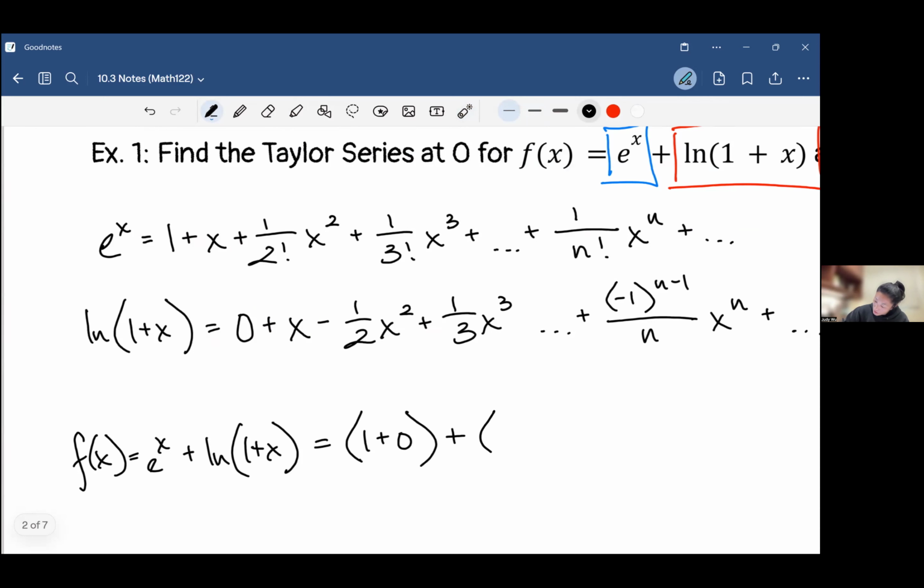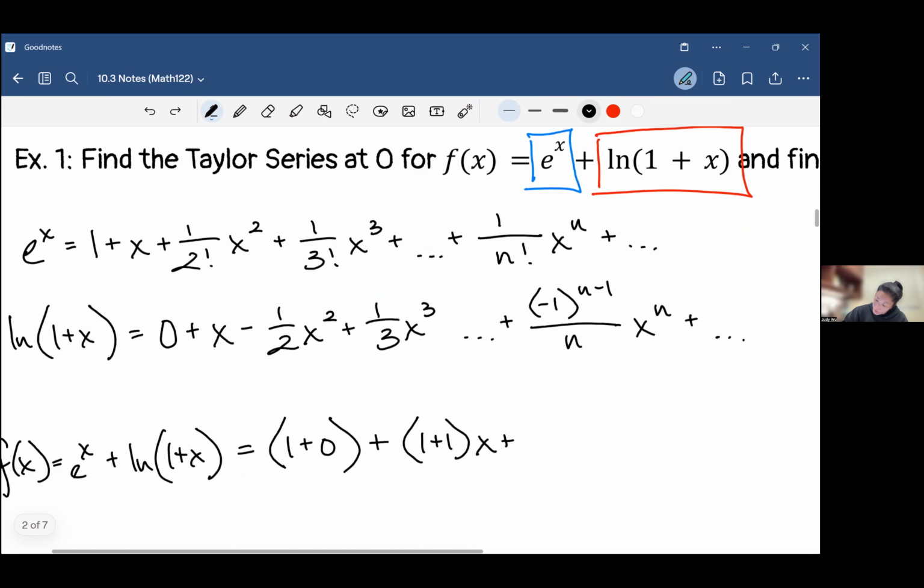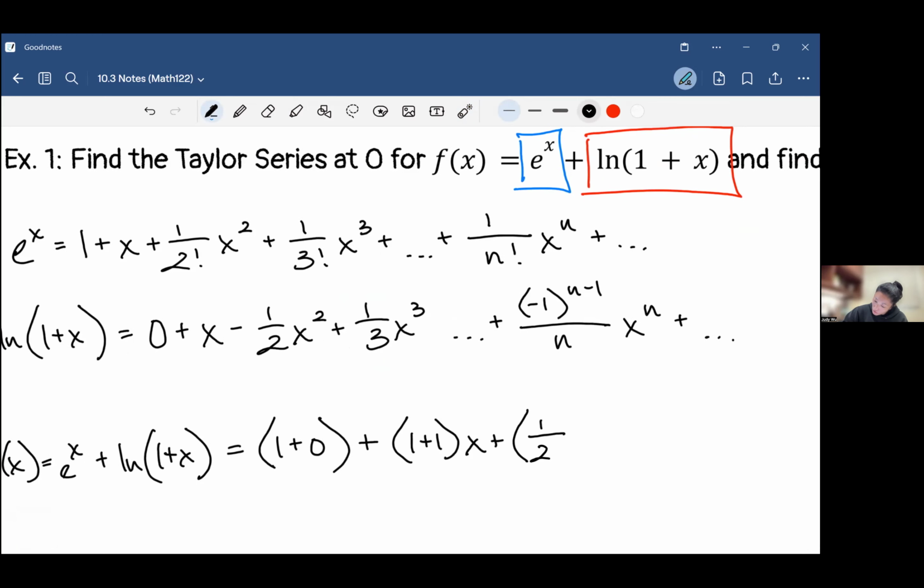So I get 1 plus 1x plus, all right, what are the coefficients for the x squared terms? 1 over 2 factorial minus 1/2. Those are the terms that have the x squared. So I'm going to write that as 1 over 2 factorial minus 1 over 2 x squared.